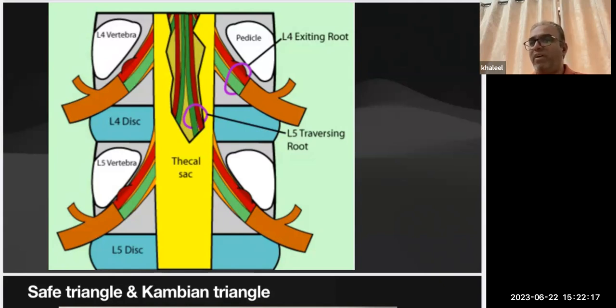As the L4 is coming out, the L5 nerve root is lateral because it takes the position to go out below, from the L5 foramina. So at this level, this is the exiting nerve root of L4, and at the same time, this is the traversing nerve root of L5, because it is being lateralized in the spinal canal, and it has to come out from the foramina of L5.